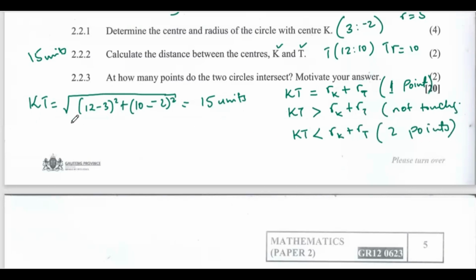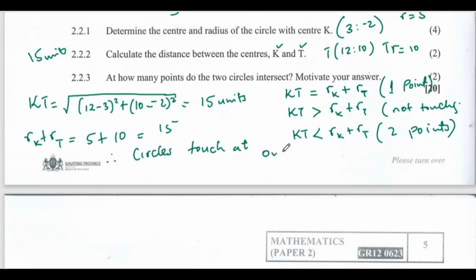Okay, so we have our KT. Can we get the radius of K plus the radius of T? Remember we said the radius of K was 5, the radius of T is 10. So that is 15. So the two are equal. And we said for as long as they are equal, the circles touch at one point. Therefore, the circles touch at one point.